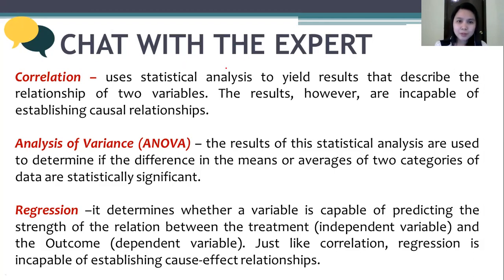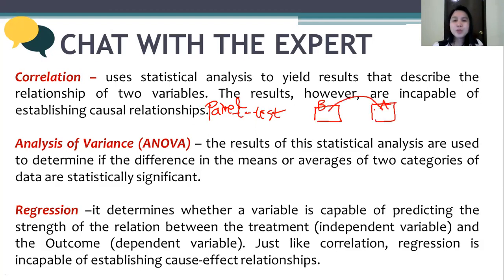Now, when do we use Anova? Actually, Anova is a repeated t-test. Let's start first with t-test. Paired t-test. When do we use paired t-test? When you compare the before and the after.